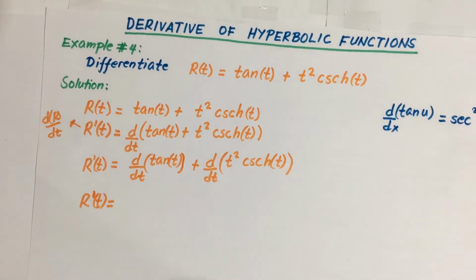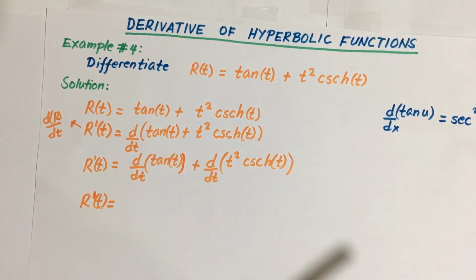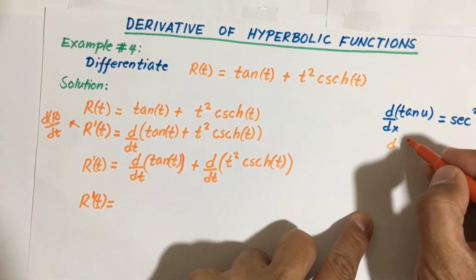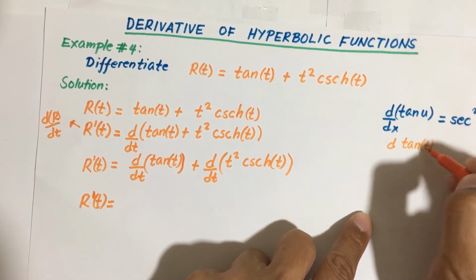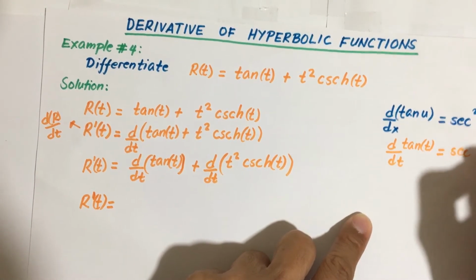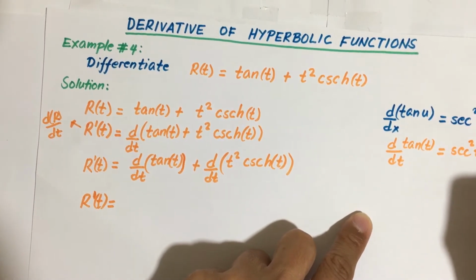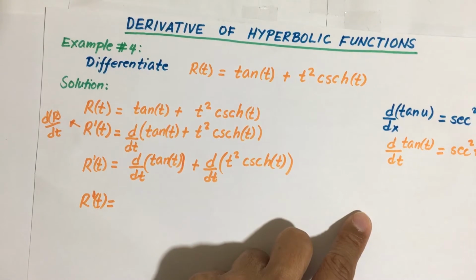Since we're given a function of t, we have the derivative of tangent t with respect to t, so this will be secant squared t times the derivative of our u, which is t, so the derivative of t with respect to t. That is equal to 1, since dt over dt is equal to 1.